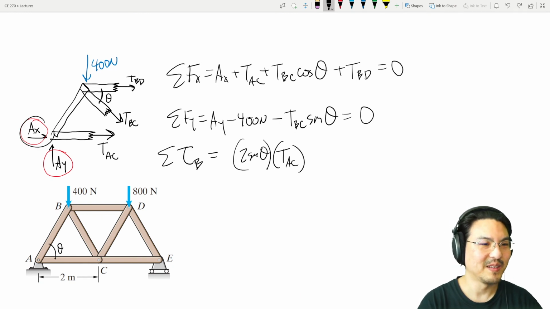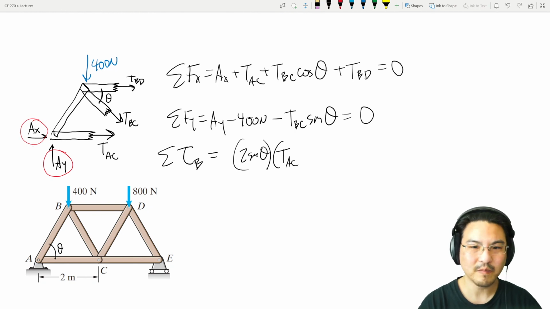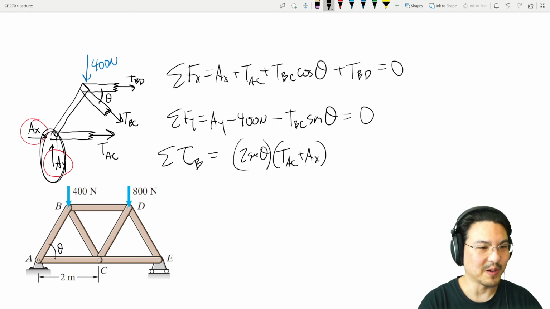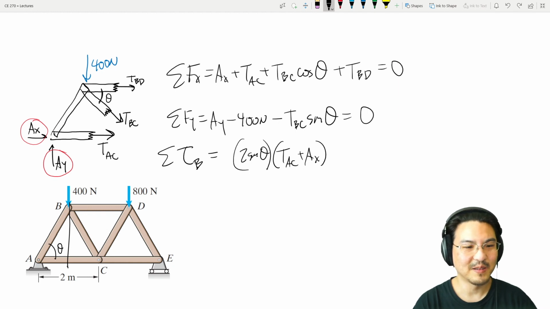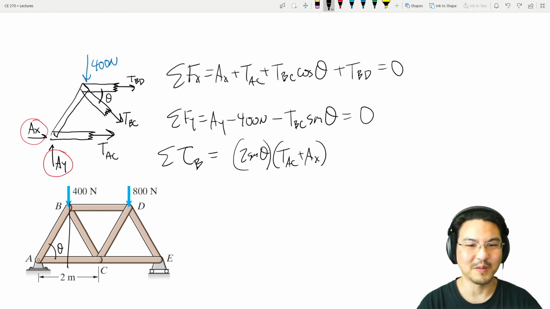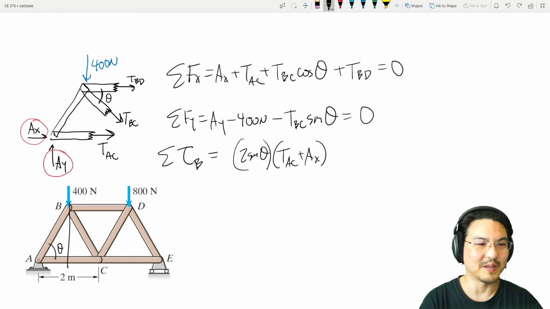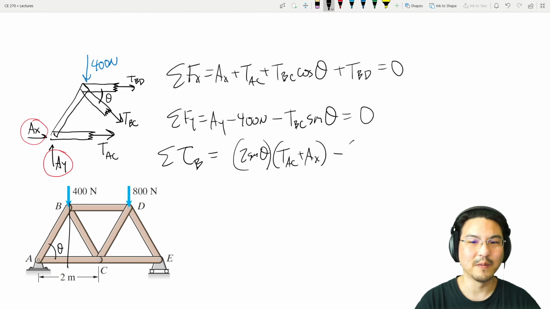So see how this one and this one just add together? So I'm just going to add those together. Okay, and now there's torque from here, and the lever arm is here to here, which is 1. It's a 2 cosine of 60, which is just 1. And that's going to go this way in the negative z direction. So negative.